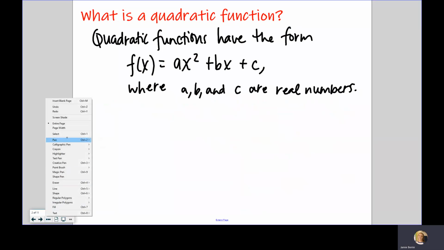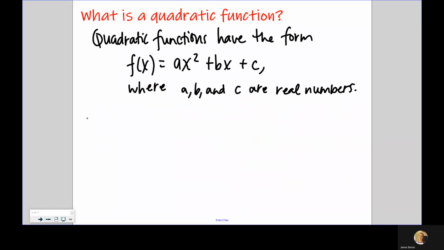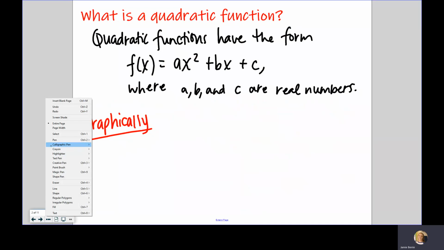Now, that's the algebraic definition up here. But graphically, they are called parabolas again.